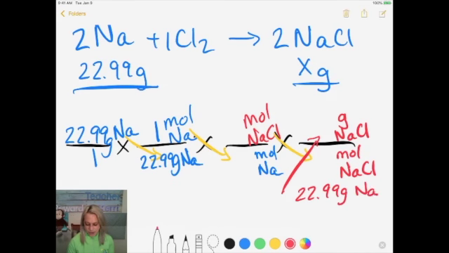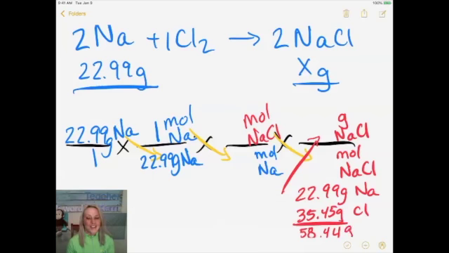When we add these together, we find the mass of sodium chloride is 58.44 grams. We put that up on top, and this is also equal to 1 mole, so we put 1 below.